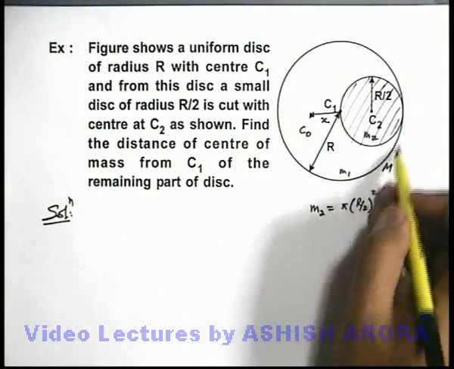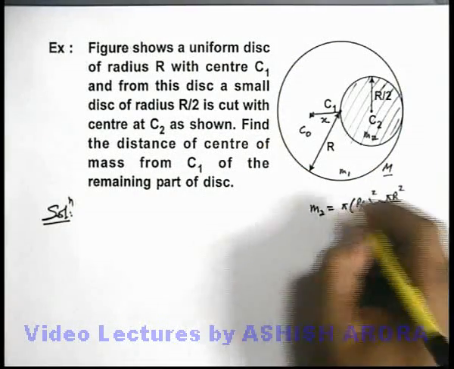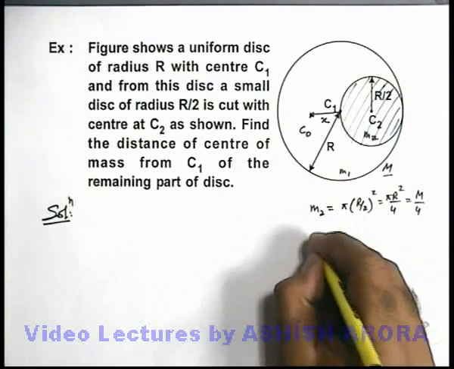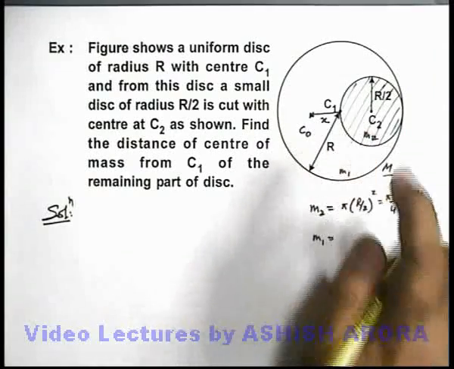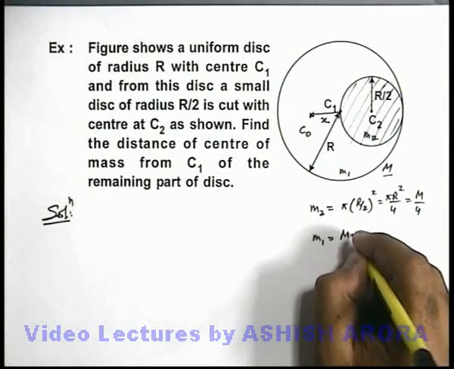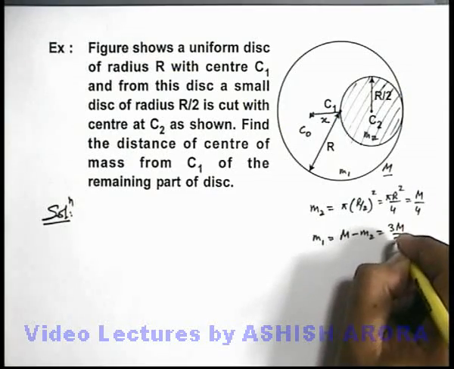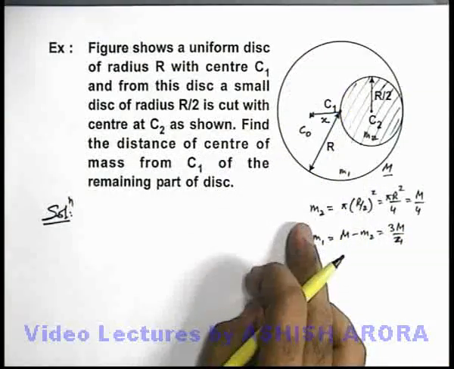And we can see that throughout the area pi r square the mass m is distributed. So m2 can be written as m by 4. Similarly, we can calculate m1. m1 has to be equal to m minus m2 because total mass is m only. So m minus m2 can be written as 3m by 4. However, it can also be calculated by using the area.